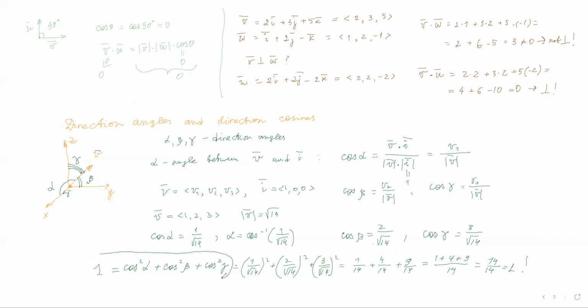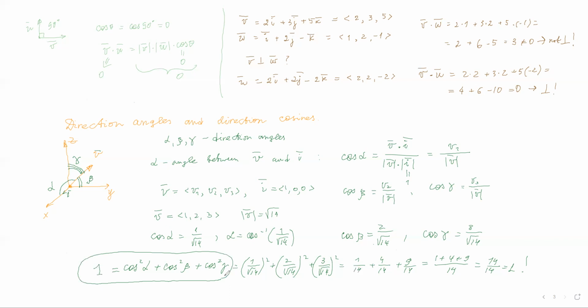So guys, this is the analog of the Pythagorean identity for the 3D world. In the 2D world, we have cosine squared alpha plus sine squared alpha. Here we have cosine squared alpha plus cosine squared beta plus cosine squared gamma. Why don't we have a sine? Well, if you remember, for two-dimensional vectors, we just define one direction angle, and that's the angle between the vector and the x-axis.